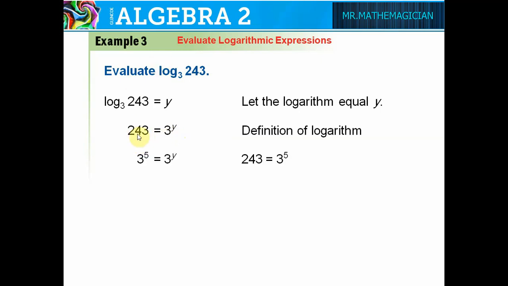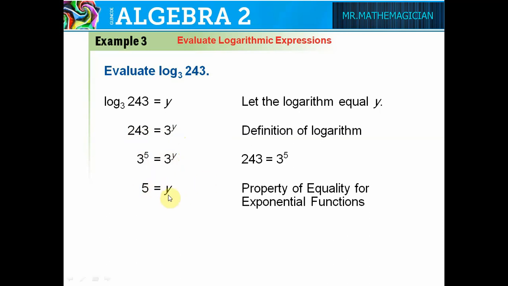Then we transform 243 into 3 to the power of 5. Cancel the bases together. So 5 equals y, or y equals 5. This is the final answer, that really log 243 base 3 equals 5. Also, you can use calculator to check.